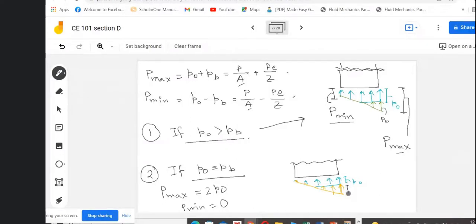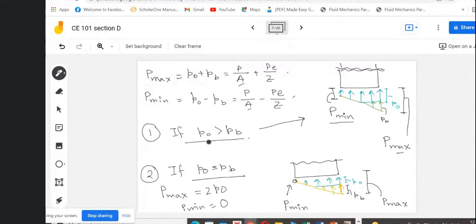So this part is our PB, and here this is basically P naught minus PB, so it's a 0 case. So here it is P max, and here it is P minimum.